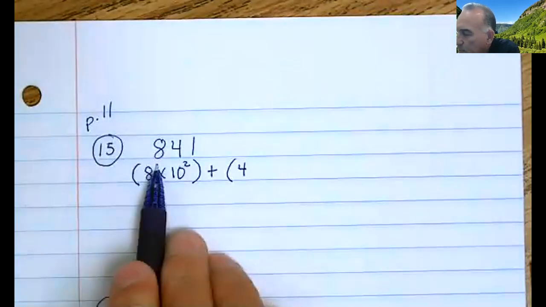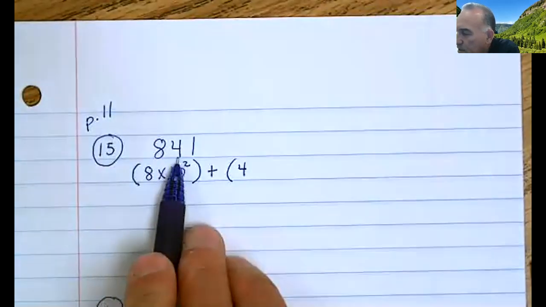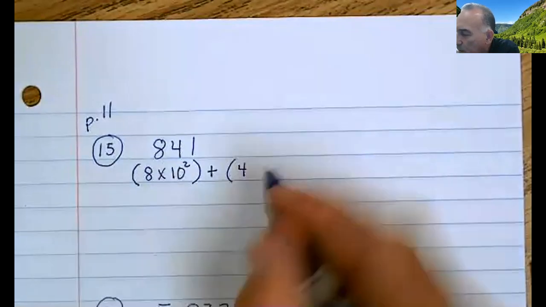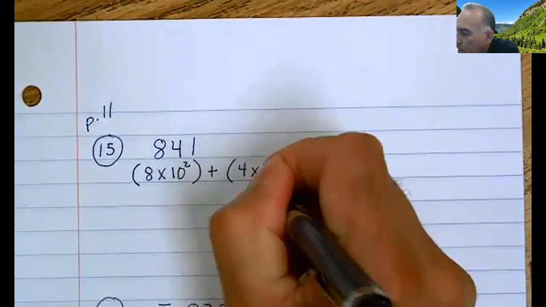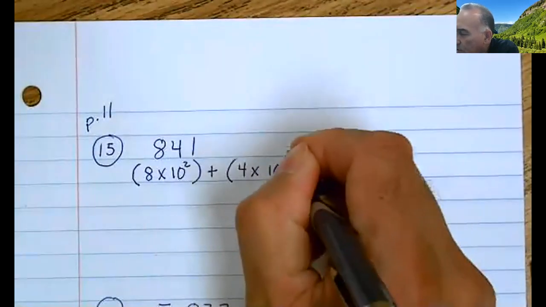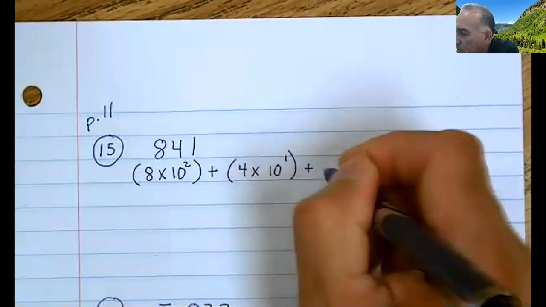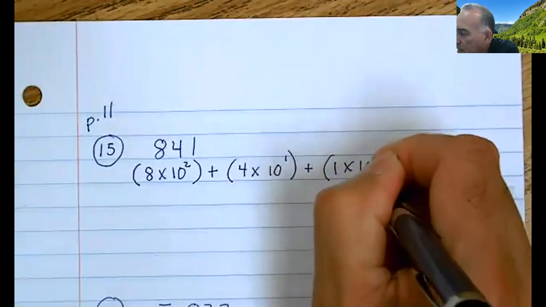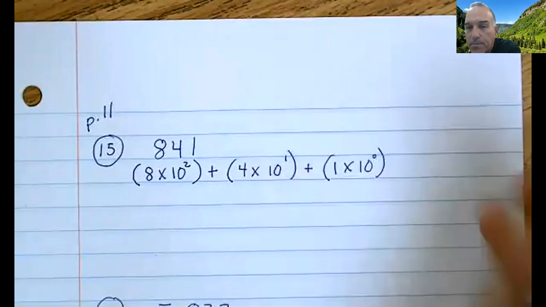And if it's the next place over, this must be to the first, because this was 10 to the second, which gets you the hundreds. So this is going to be 4 times 10 to the first plus 1 times 10 to the 0 power.